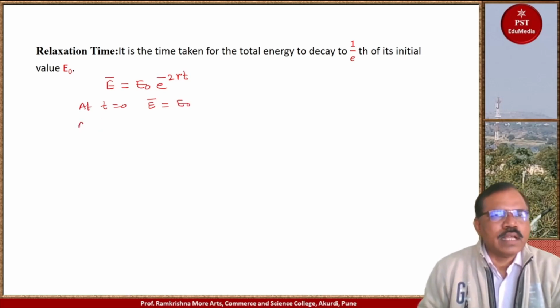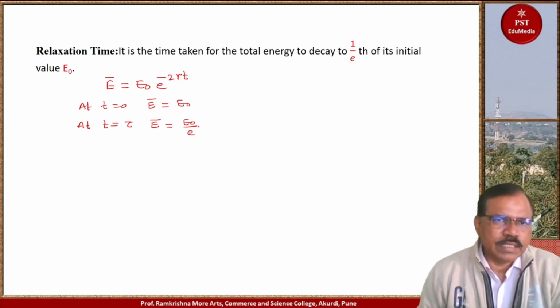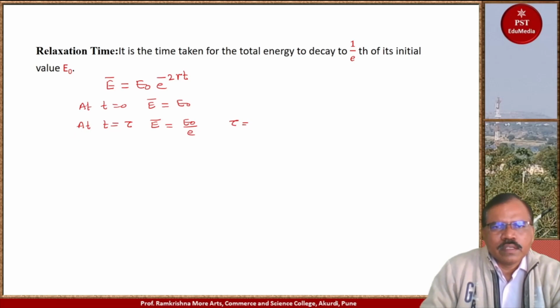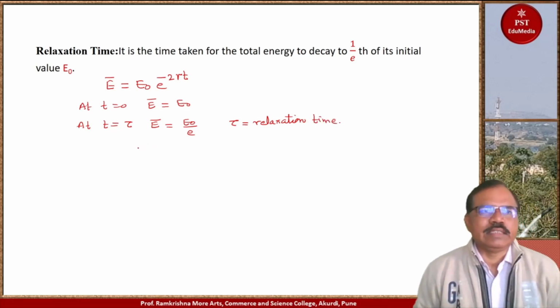And suppose at t equal to some tau, energy E bar becomes 1/8 of E0. And this tau is called relaxation time. So we have to find what is relaxation time.